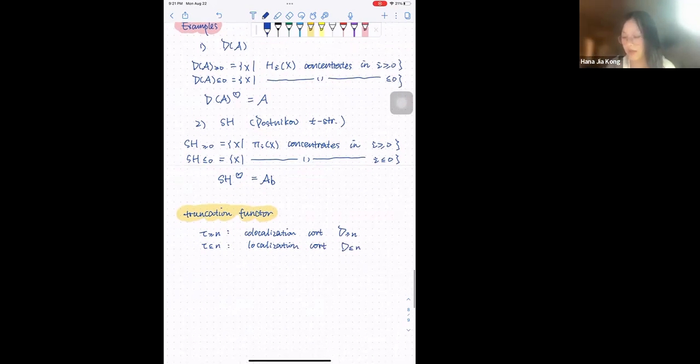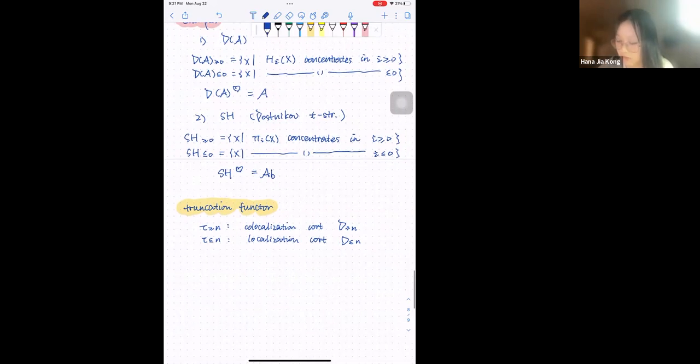This colocalization and localization will be talked about in later talks, and one way to define it is using a universal property. And maybe it's easier to understand if I use examples. So in example 2, this gives the n-connective cover.